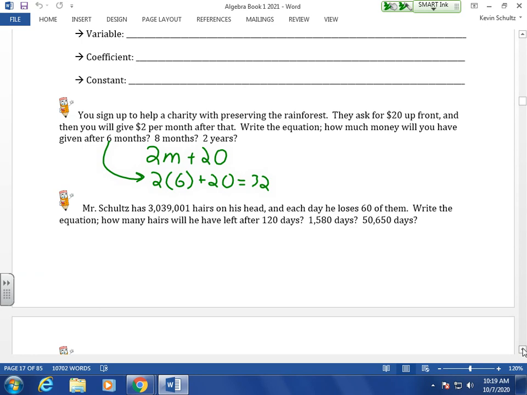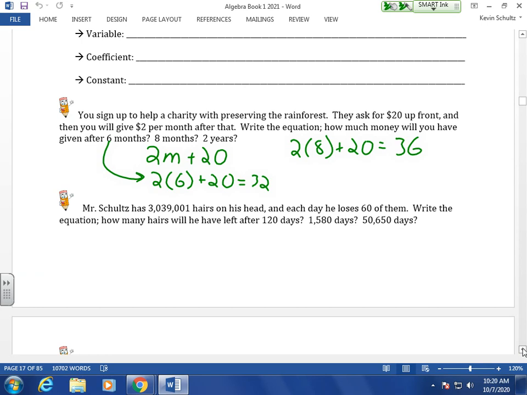Okay. After 8 months, what part of the expression changes? Will? The variable, right? Now instead of 6, now it's 8. 2 times 8, 16, plus 20. We've given a total of $36 here.